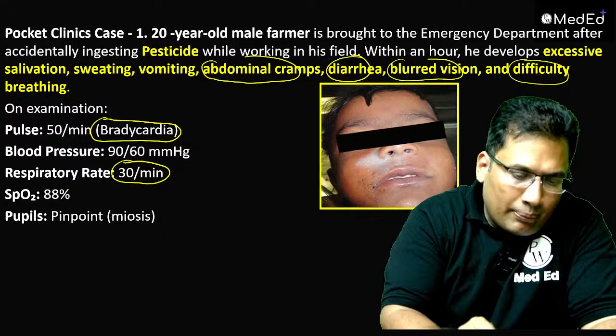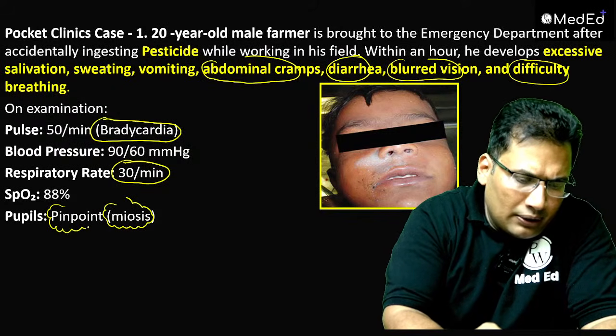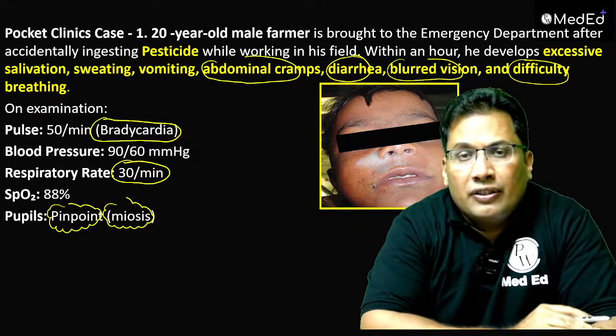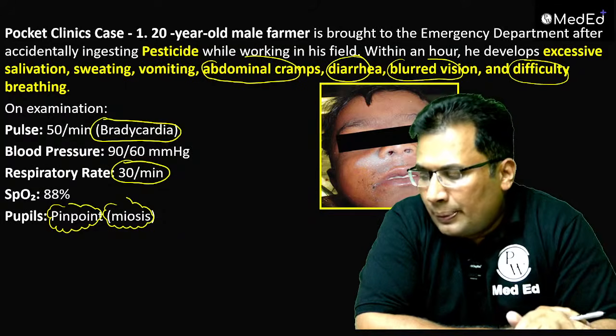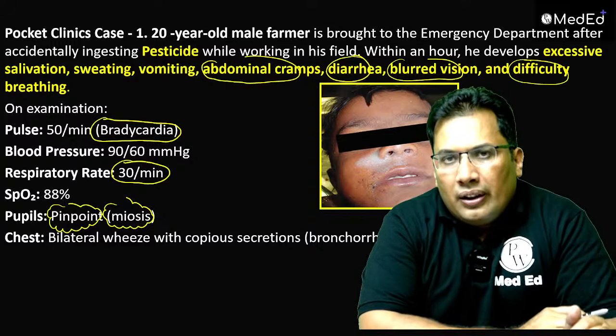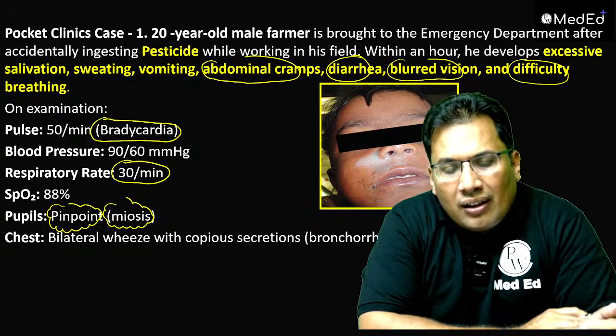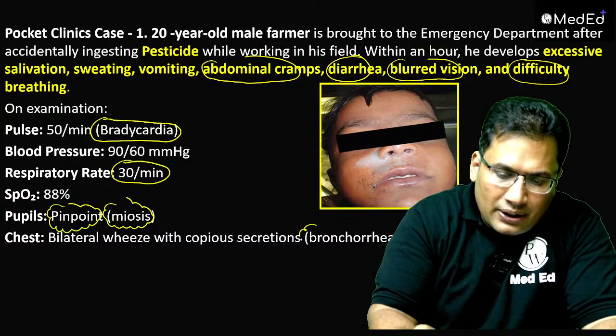Pupils show miosis, the pinpoint pupil, the classical feature of OP poison. So it's a case of organophosphorus poisoning. Bilateral wheezing with copious secretion, that is bronchorrhea, is present.